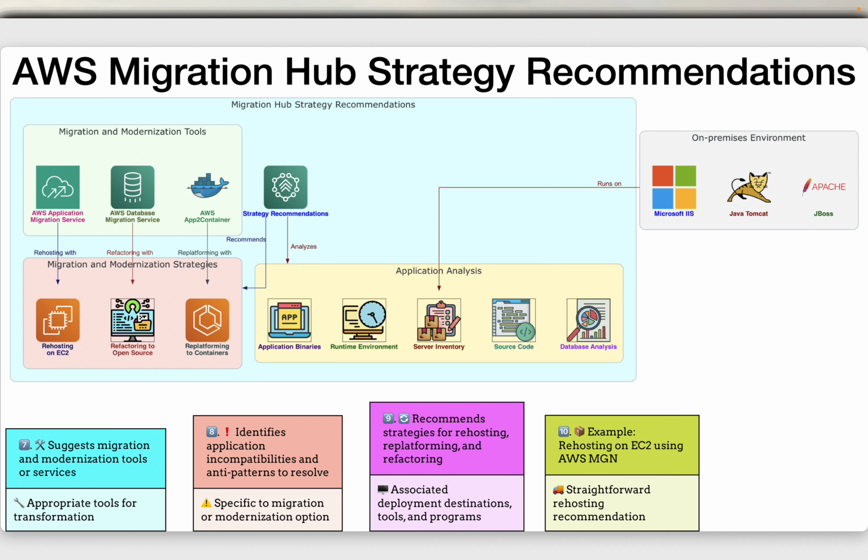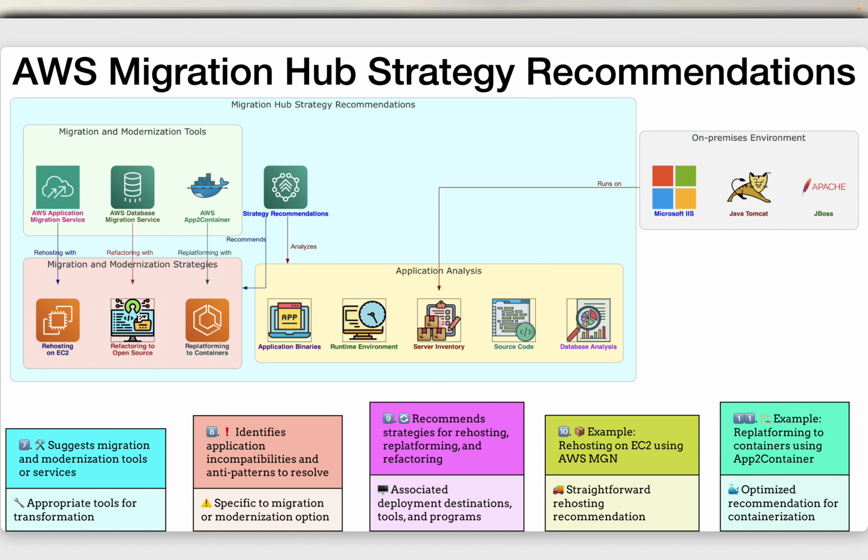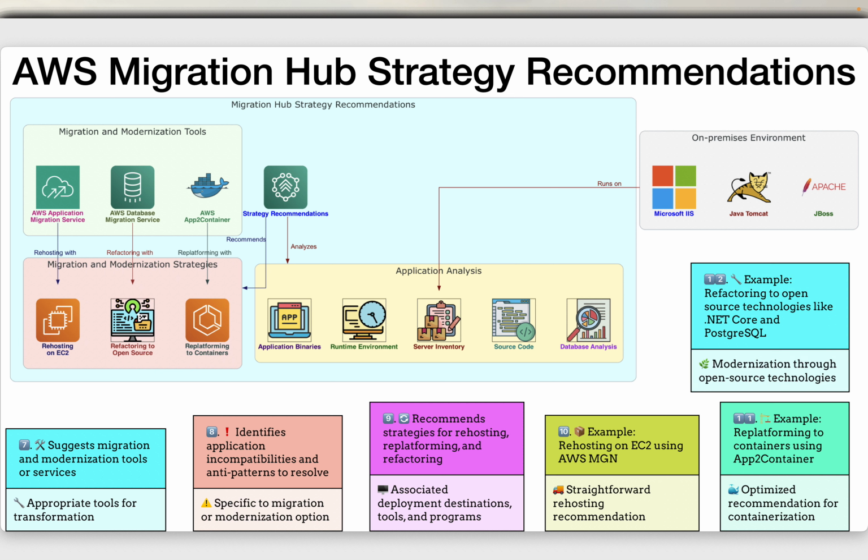Some examples: rehosting on EC2 using Application Migration Service. One example recommendation is straightforward rehosting on Amazon EC2 using Application Migration Service. Another optimized recommendation might include replatforming the application to containers using AWS App2Container. A third example could be refactoring to open source technologies like .NET Core and PostgreSQL.